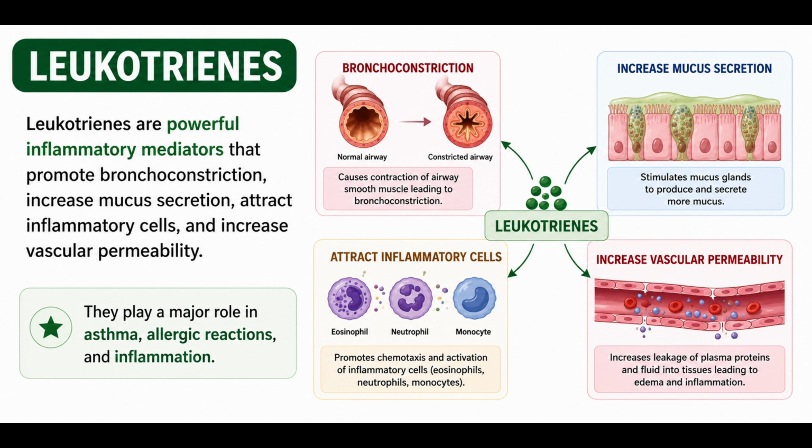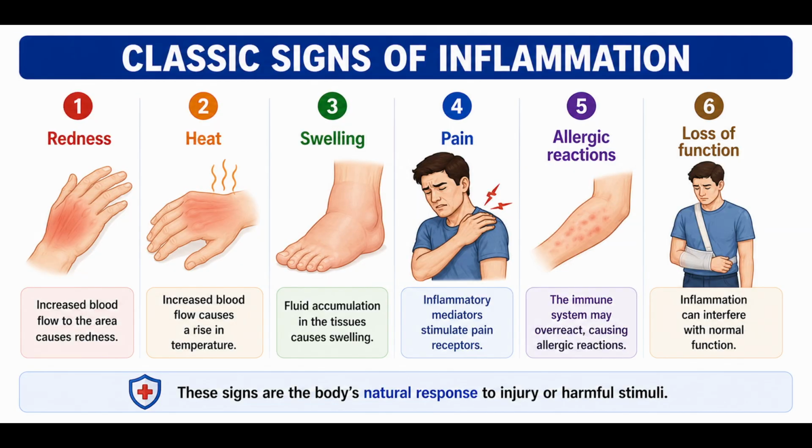Due to these COX and LOX mediators, classic signs of inflammation like redness, heat, swelling, pain, allergic reactions, and loss of function are seen. So, this is how inflammation occurs. Now, this is exactly where anti-inflammatory drugs step in.